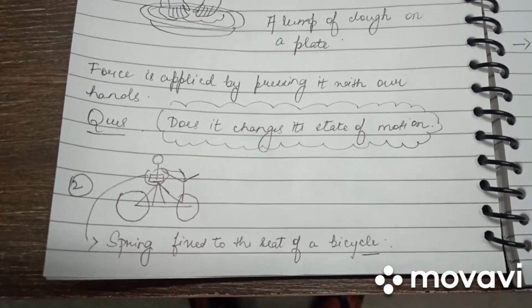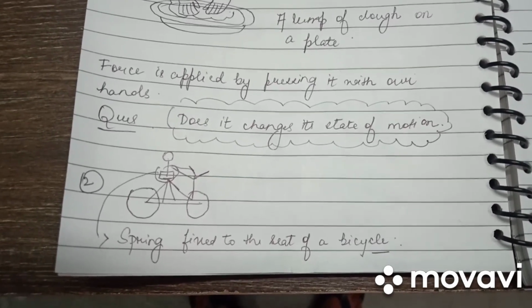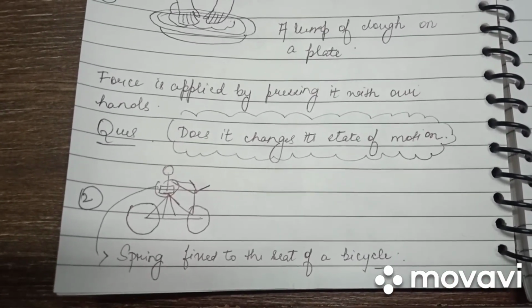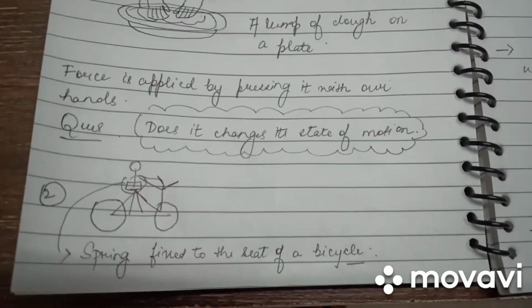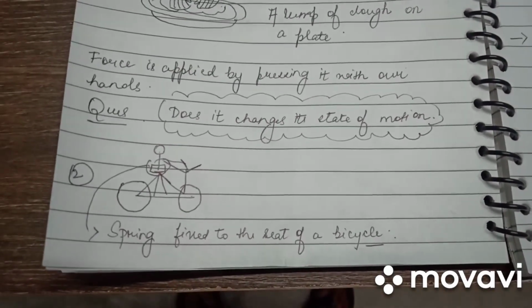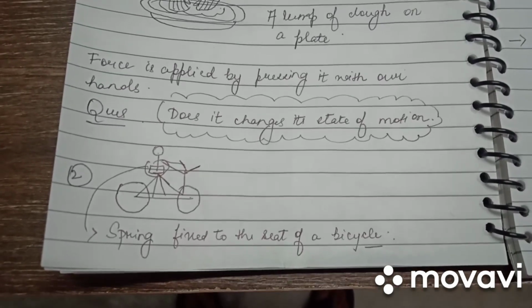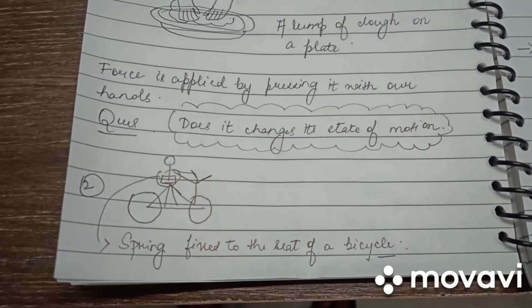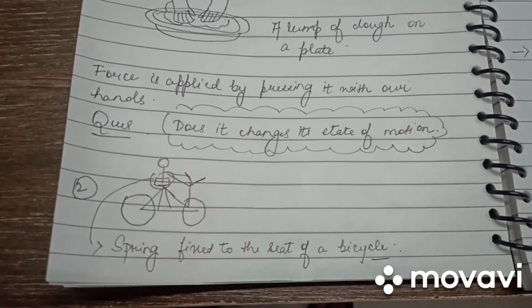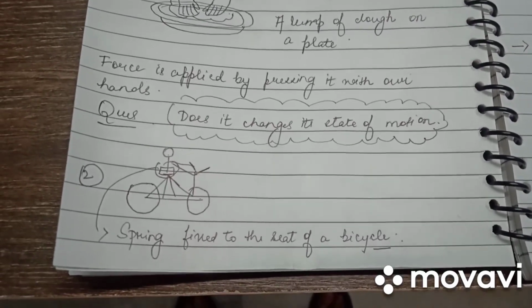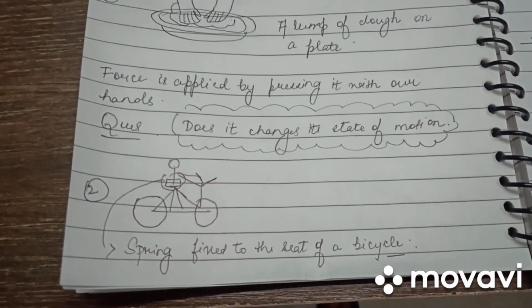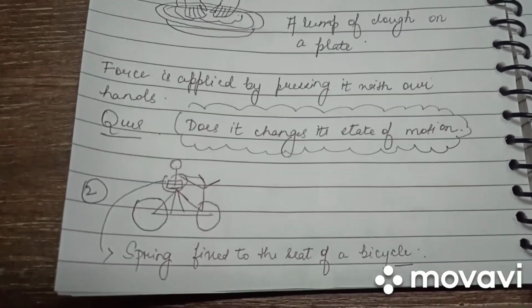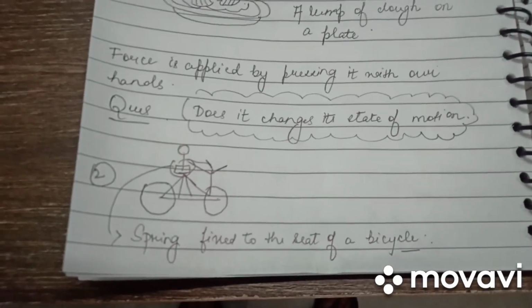Therefore, the force applied by the person causes a compression in the springs attached beneath the seat, and hence a change in shape occurs. A change in shape of the springs occurs because now they are in a state of compression.